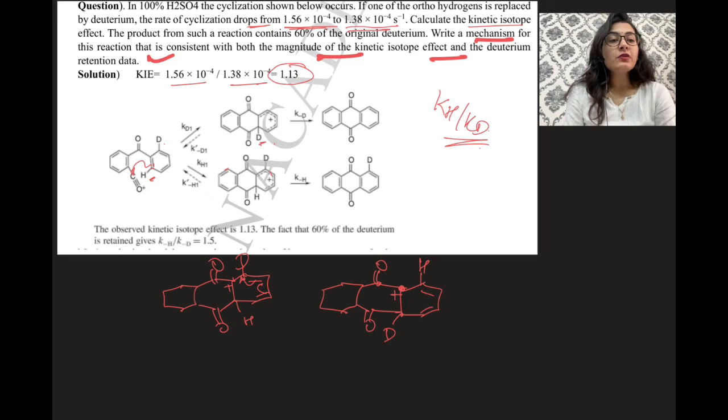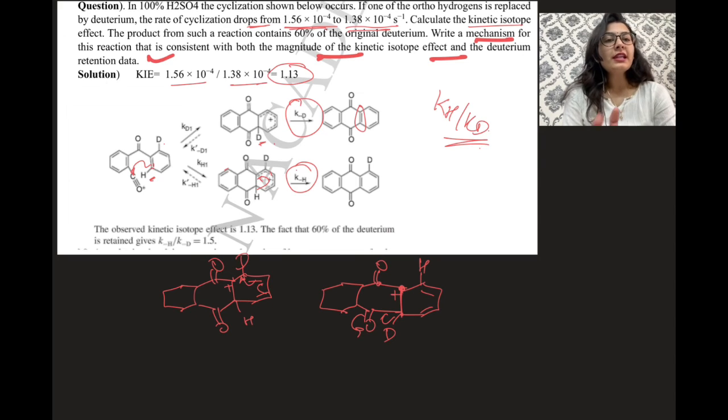When the deuterium falls into the carbonyl, just like an E1CB mechanism, and then the carbonyl falls back, the double bond is going to shift over here. You get a double bond over here. So this is going to be a KD reaction, and when the proton falls like this, it's going to be a KH reaction.